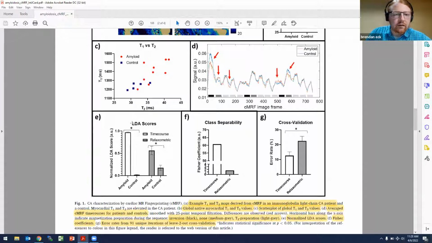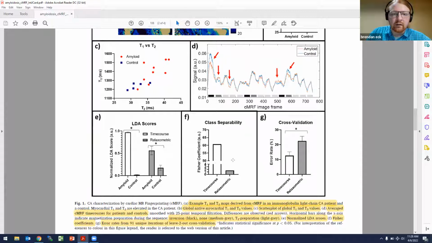And in panel E, these are those LDA scores that I mentioned, showing the time course and the relaxometric data. So you can see that the scores were better separated between amyloid and control for the time course data. They were also separated for the relaxometry data, although that separation was smaller.